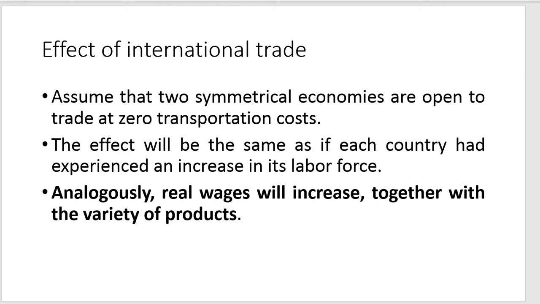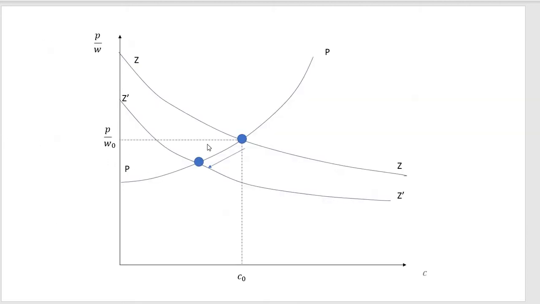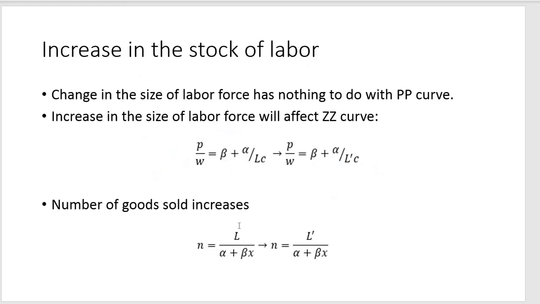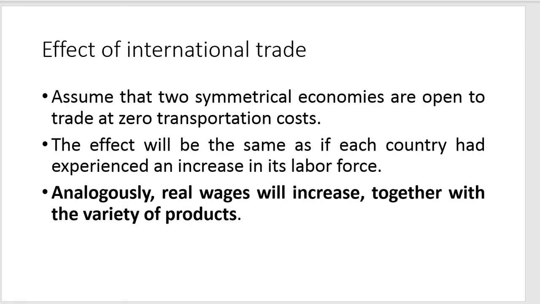If it sounds counterintuitive, again, we have the same technologies and the same preferences. Basically, openness to international trade means that both countries have more labor input at their disposal, and that's it. So analogously to the effect of an increase in the stock of labor force, we expect an increase in real wages and also a bigger variety of products available on each market.